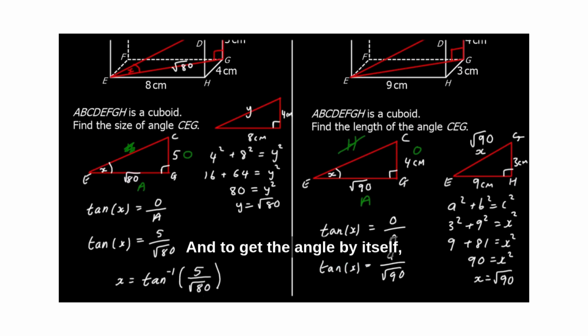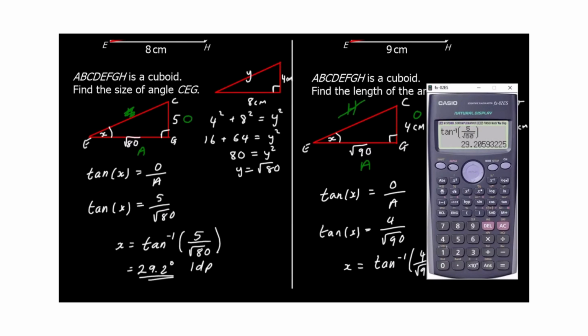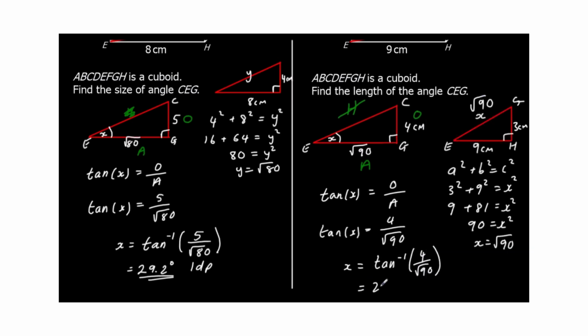And to get the angle by itself, we do shift tan, arctan, and we type that into the calculator. So 4 over the square root of 90. And that's 22.9 degrees to 1 decimal place.